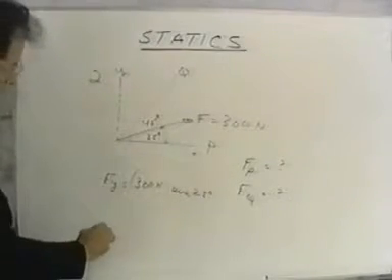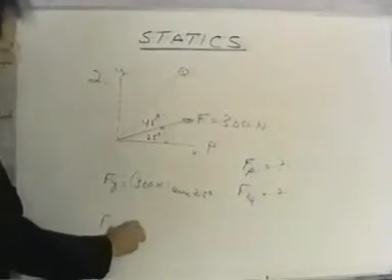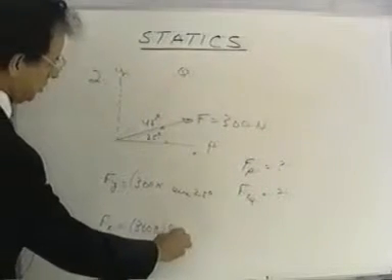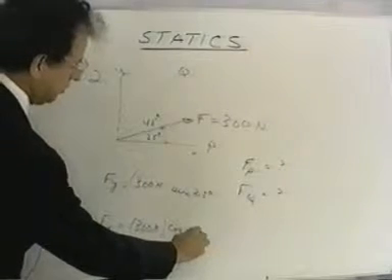The x component would be 300 newtons times the cosine of 25 degrees.